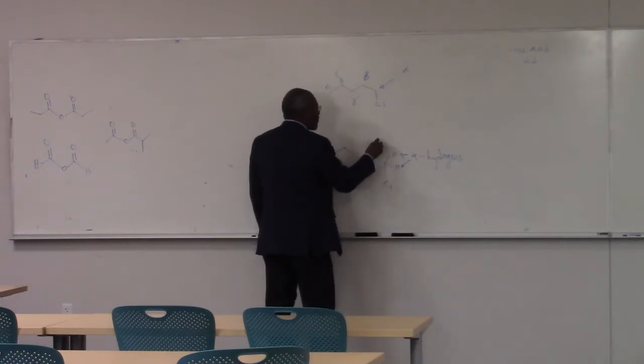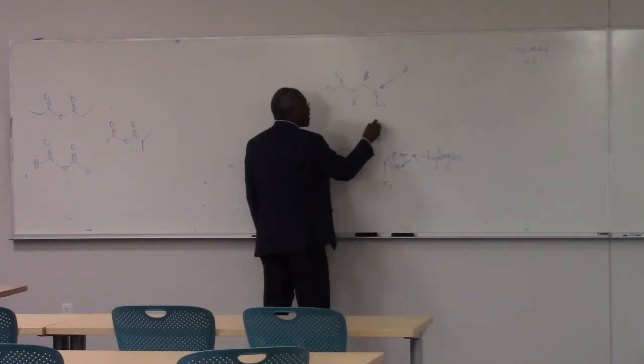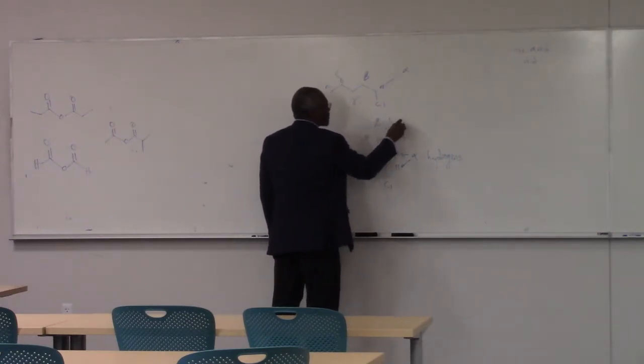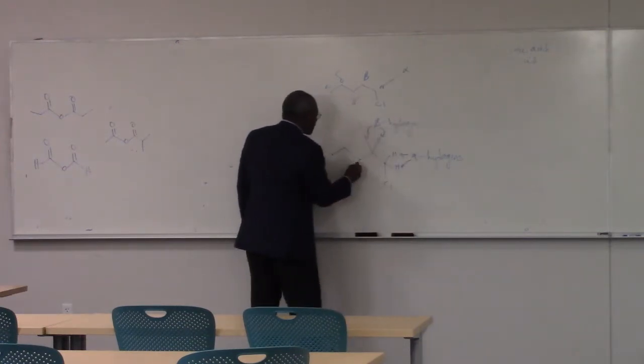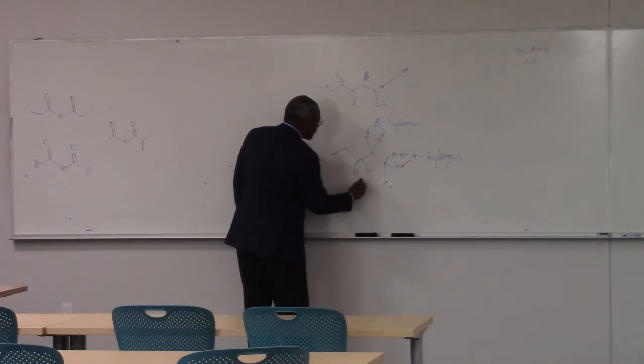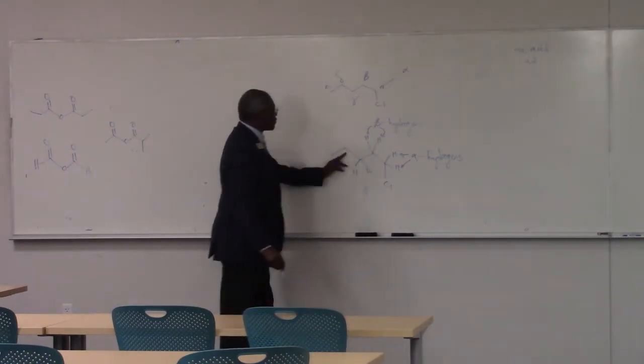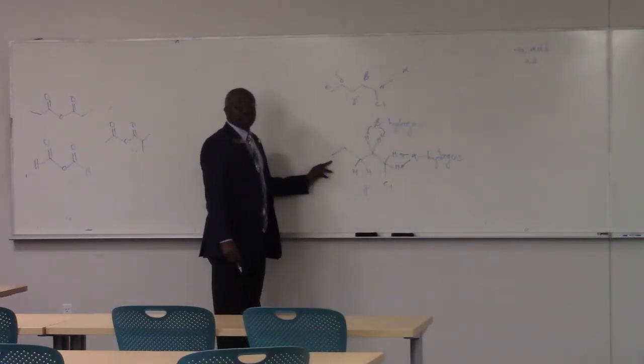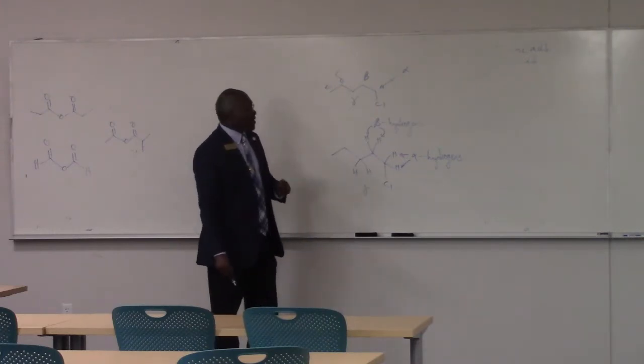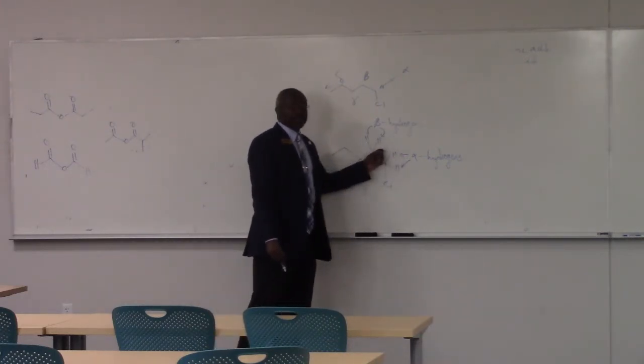This carbon is the beta carbon. The H's on it are called beta hydrogens. These are gamma hydrogens, delta hydrogens, epsilon hydrogens. The ones we tend to be most interested in are the alpha and the beta.